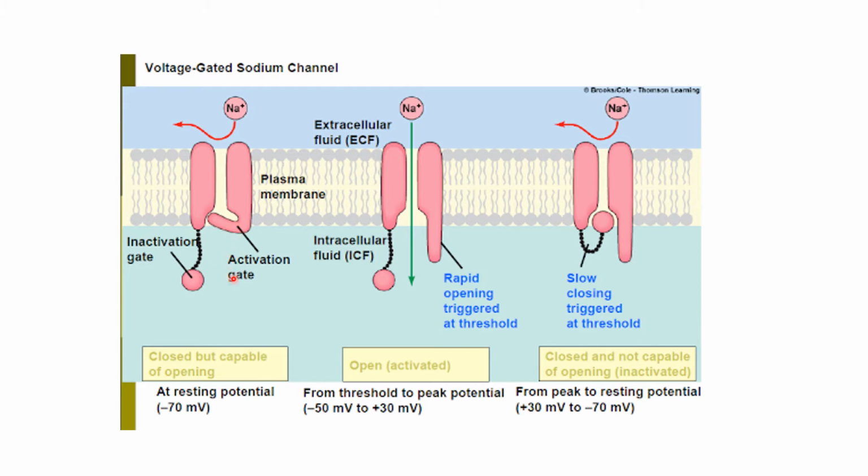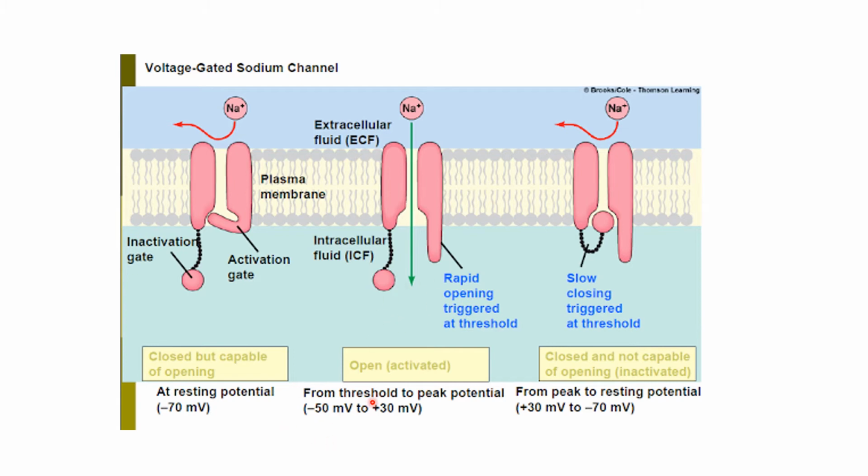So if these positive charges reach from the axon hillock, they can open this activation gate. And if the activation gate is open, more sodium enters into the cell, and the membrane becomes positive.